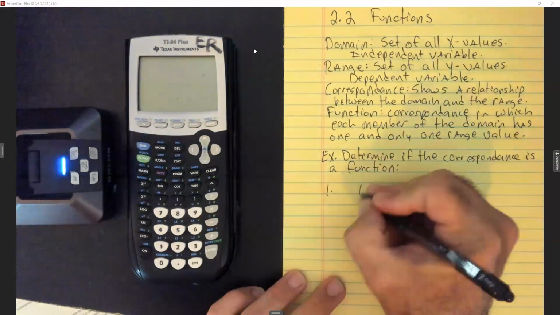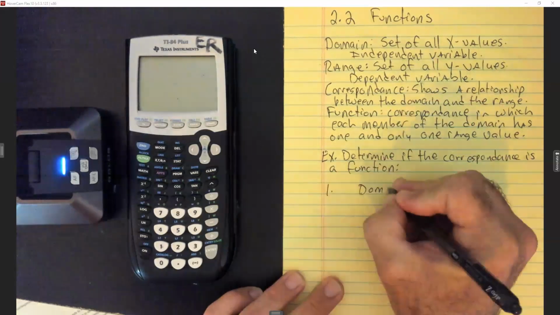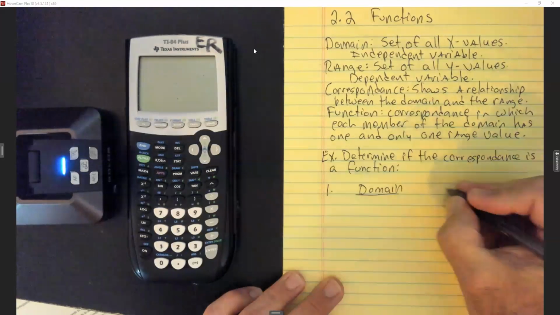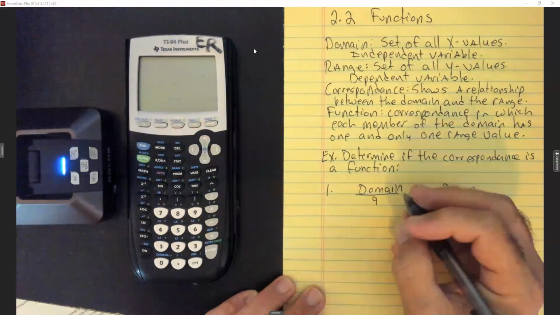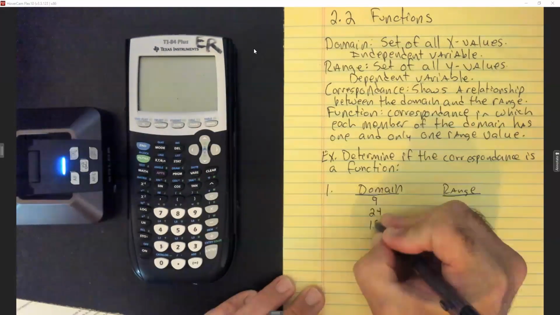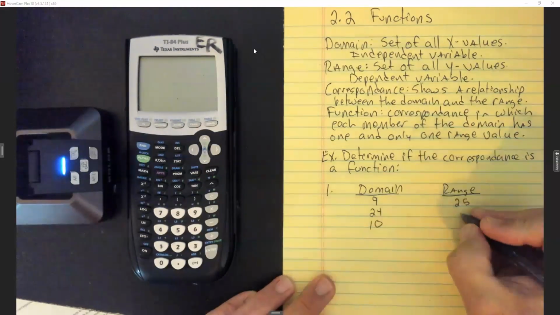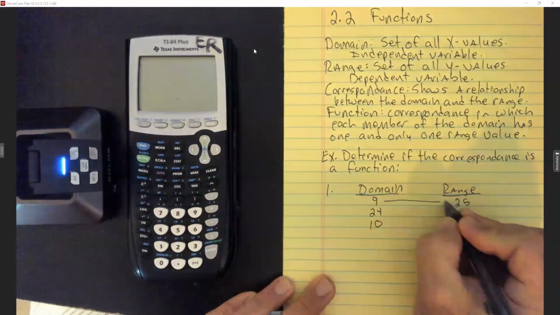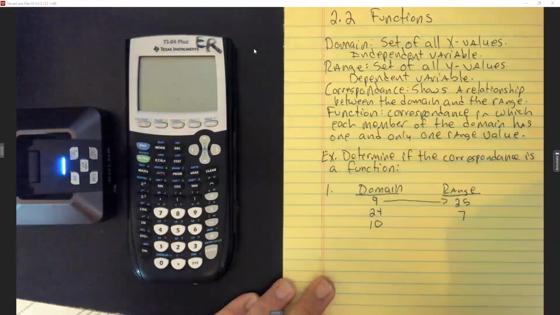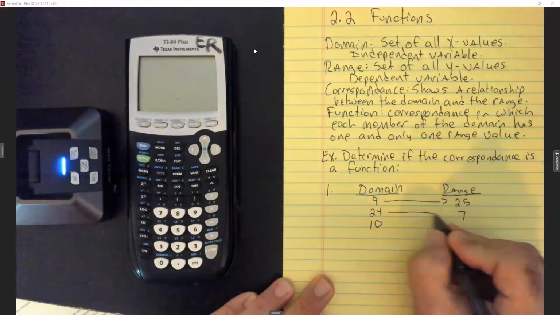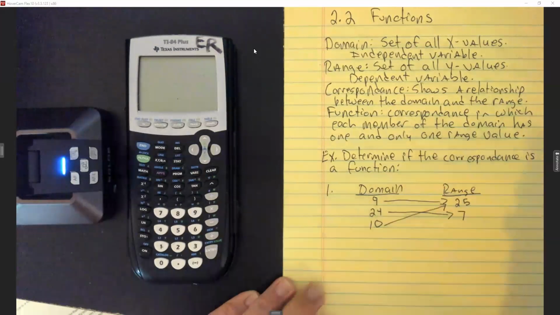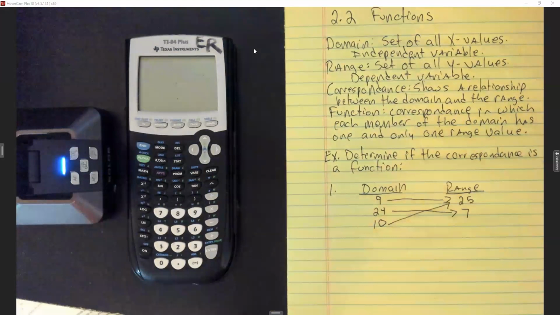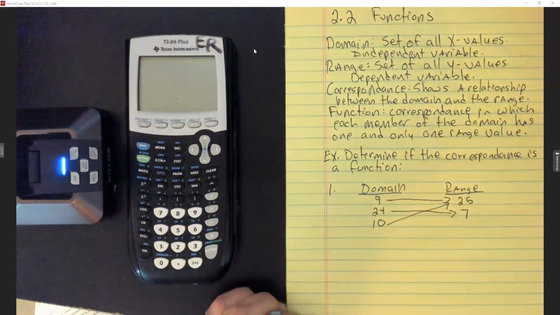They're giving me a domain in the first column and a range in the second column. So my domain has numbers 9, 24, and 10. The range has 25 and 7. So the 9 points to the 25, 24 points to the 7, and the 10 points to the 25. So the question is, is this a function?